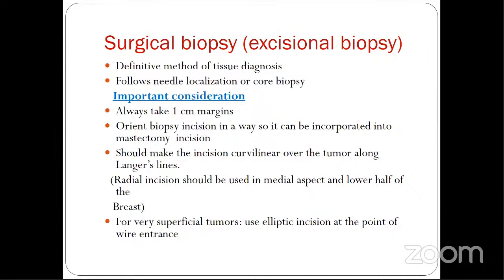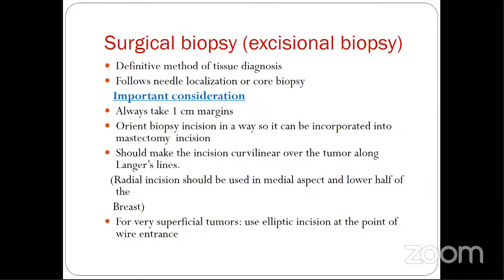Then orient the biopsy incision so it can be incorporated into a mastectomy incision. The incision would be curvilinear over the tumor along Langer's line, and a radial incision should be used in the medial aspect and lower half of the breast.